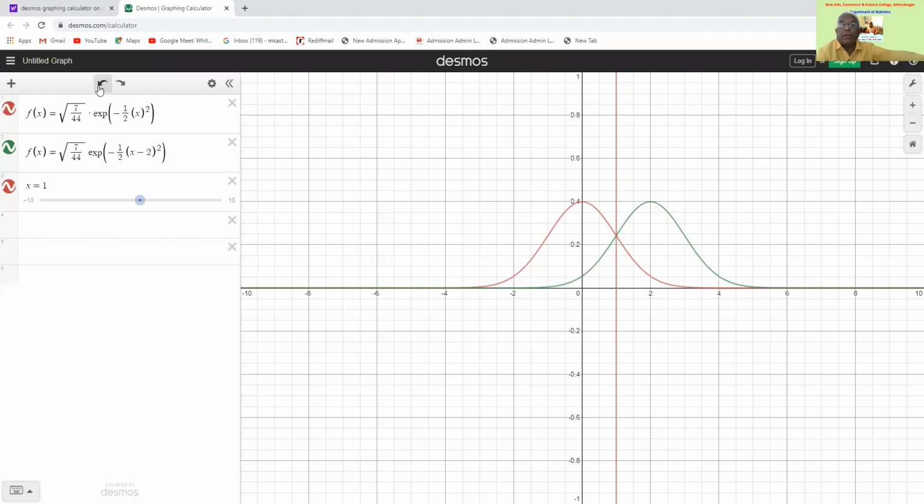Now, suppose I have a point between 0 and 1, say 0.5. If I come here and if I come here, you will see that the reddish curve gives me more likelihood at x equal to 0.5 and the greenish curve will give me less likelihood at x equal to 0.5.